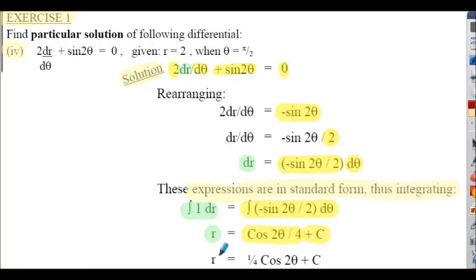So our general solution to exercise 1 part 4 is r is equal to, just slightly reformatted the right hand side, a quarter multiplied by cos 2 theta plus c. I would encourage you to stop the presentation for a moment and just think through these lines here, clearly understanding how the negative sine 2 theta when integrated becomes positive cos 2 theta in this case. And before integration the trig function is divided by 2, and after the integration the trig function is divided by 4.